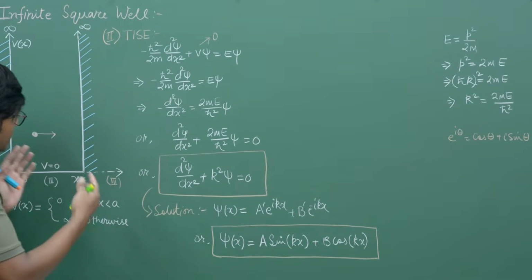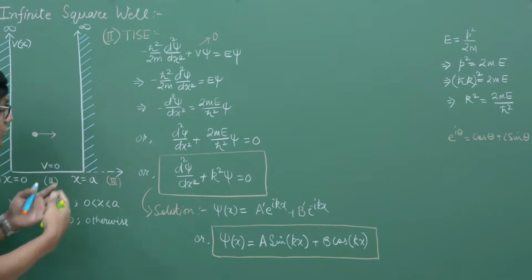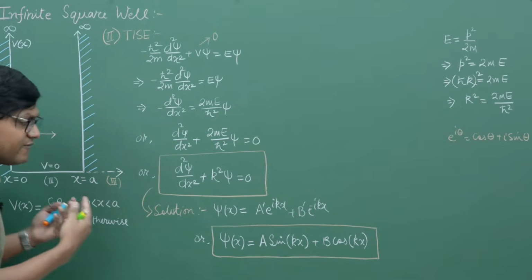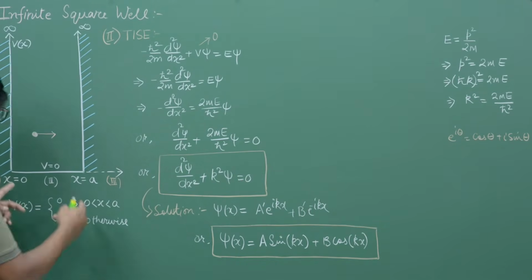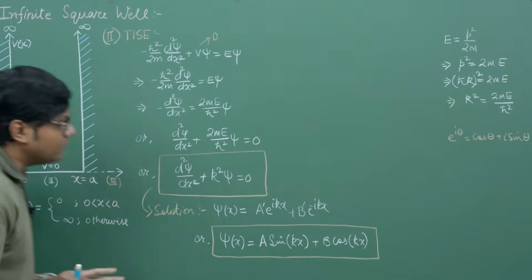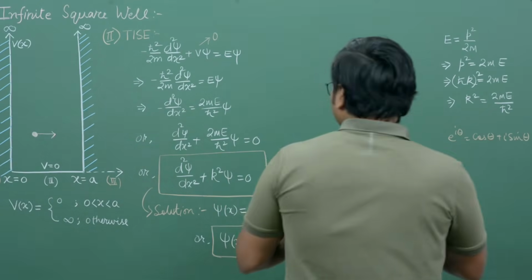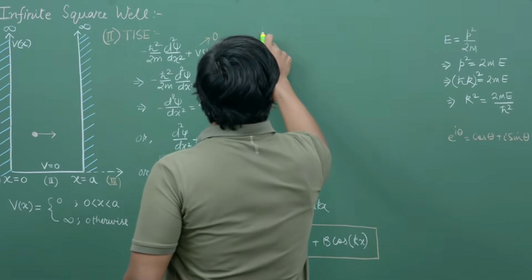The wave function becomes 0. There is a continuity of the wave function as well as its derivatives at these locations. So if I apply boundary conditions, then I can further simplify this whole thing.